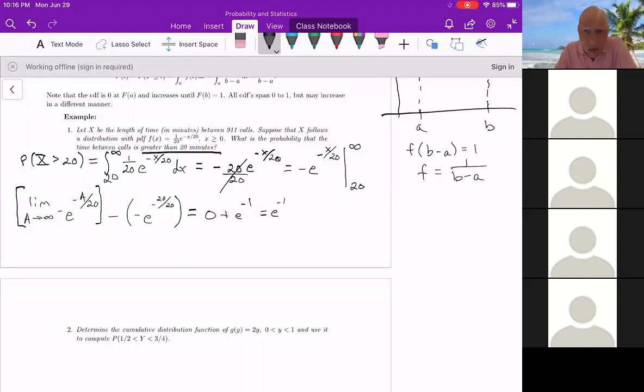And when you put this into decimal form, I've got 0.3679.